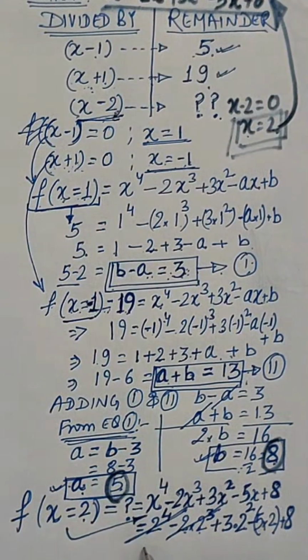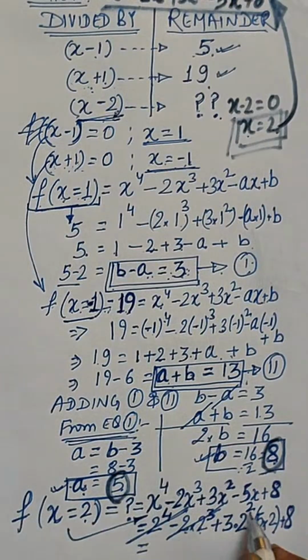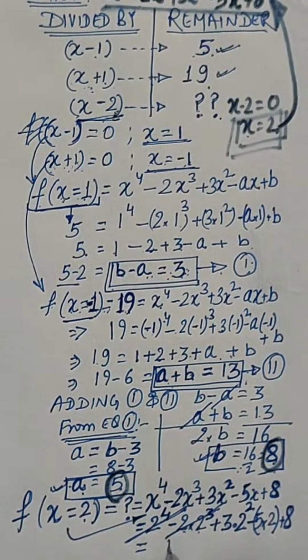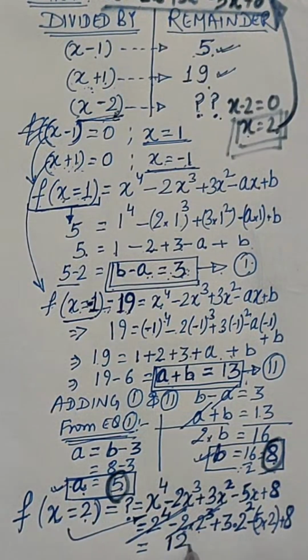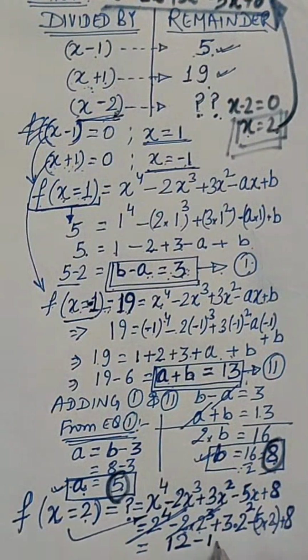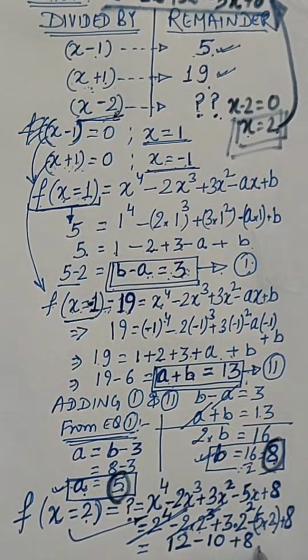Now when you solve it, 4 into 3, 12. So this will give you 12 minus 5 into 2 is 10, plus 8. So 12 plus 8 is 20, and 20 minus 10 is 10.